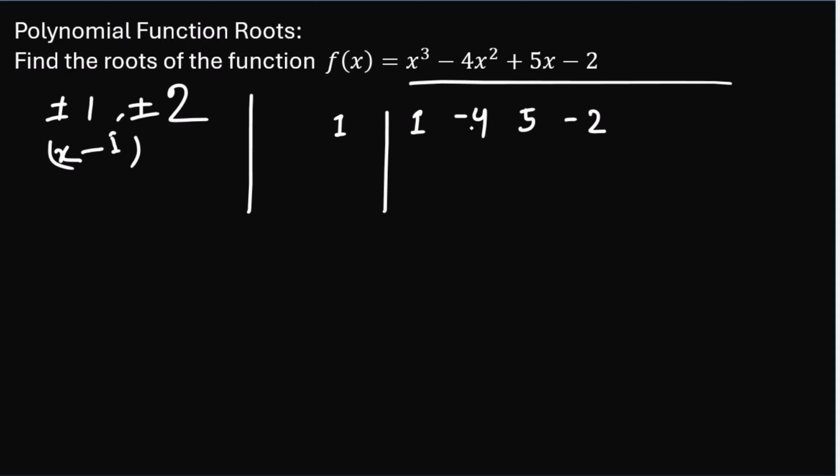and in the next part you can also consider 1. So 1 times 1 equals plus 1. So here plus 1. So here the value will be minus 4 plus 1. So it's a negative 3.